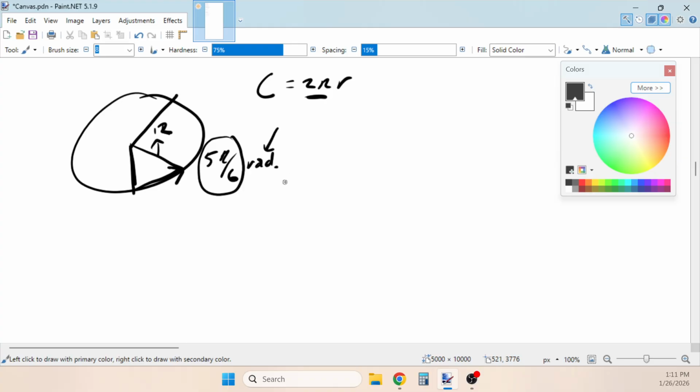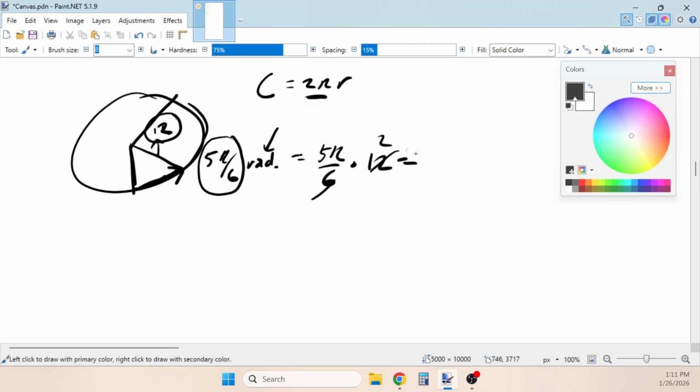That's the definition of a radius. It's one radius around the circle. So if my radius is 12, then 5 pi over 6 radians of arc is going to come out to be 5 pi over 6 times 12.